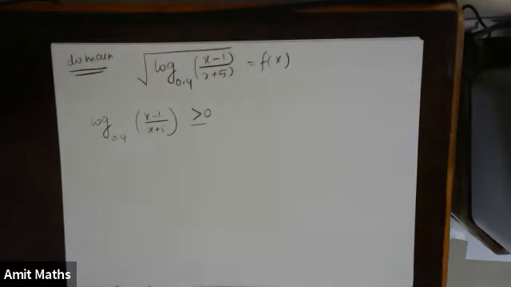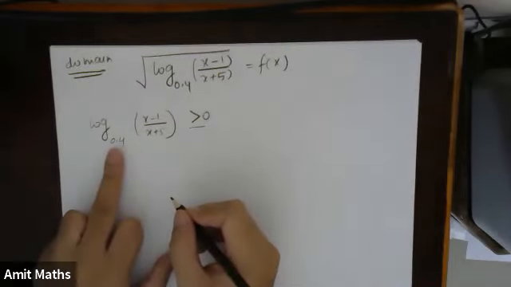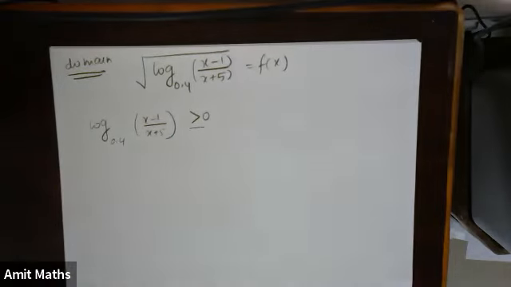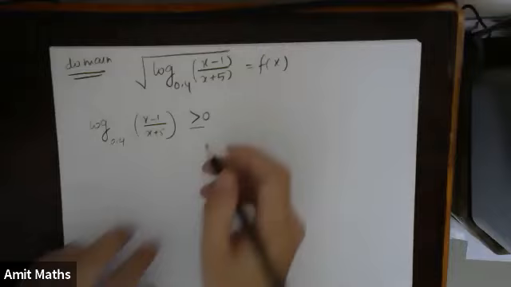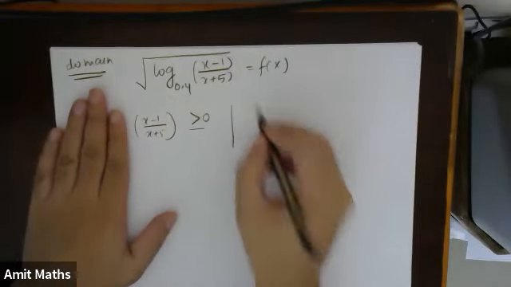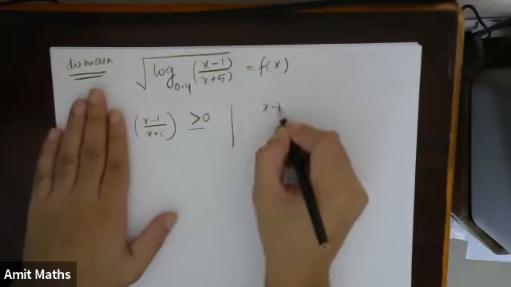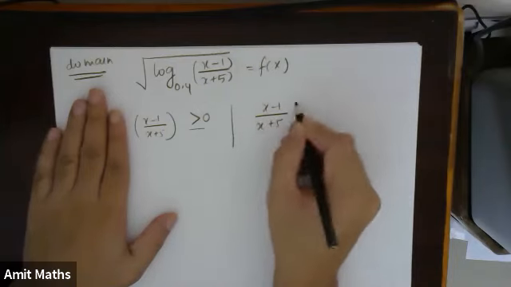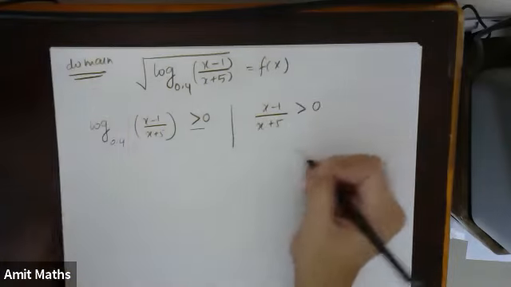If this whole part has to be greater than or equal to 0, and this is a log with weak base, then also, whatever is inside the log, x minus 1 upon x plus 5, also has to be greater than 0.